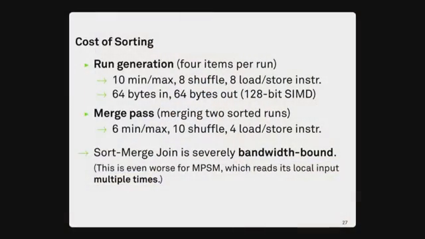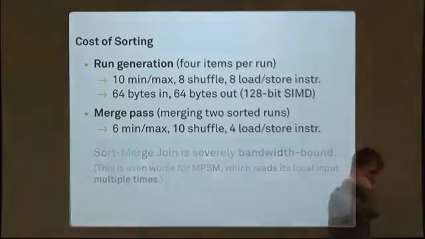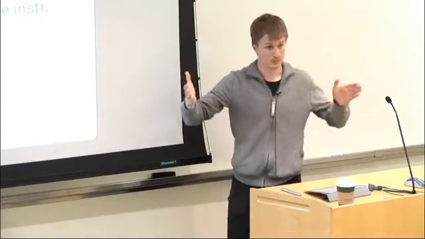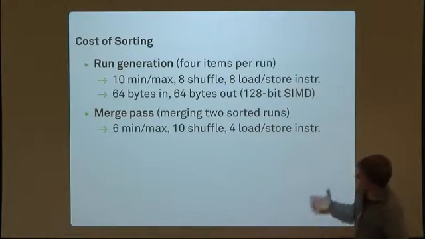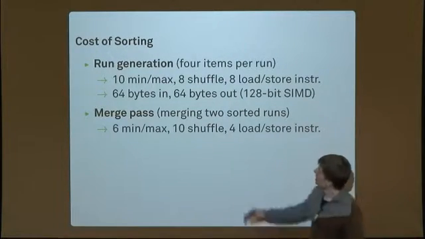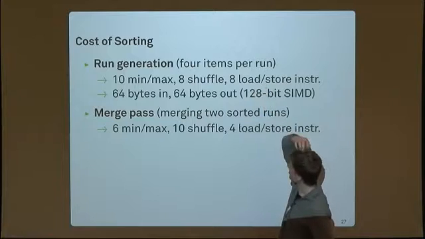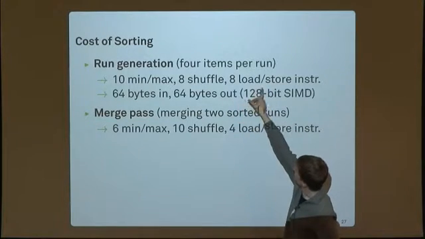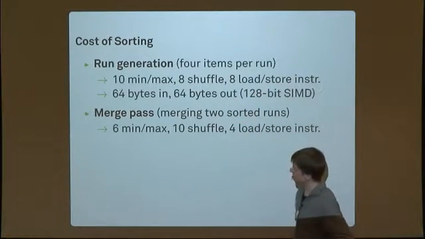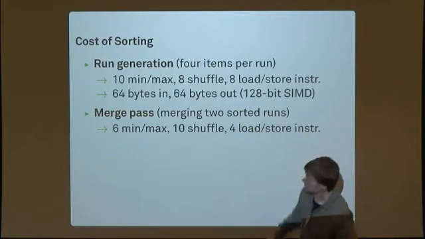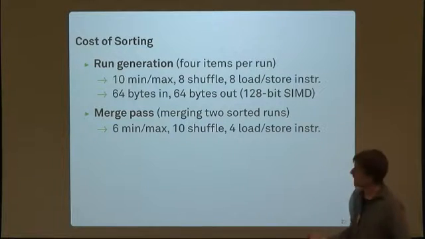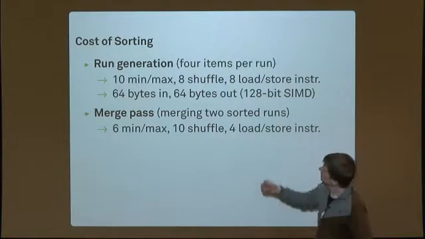Here I have some numbers for both parts, for run generation and for merging in the merge sort sense. If you implement this well using SIMD operations, assuming you create initial runs with 4 items each, you can do this with 26 assembly instructions.